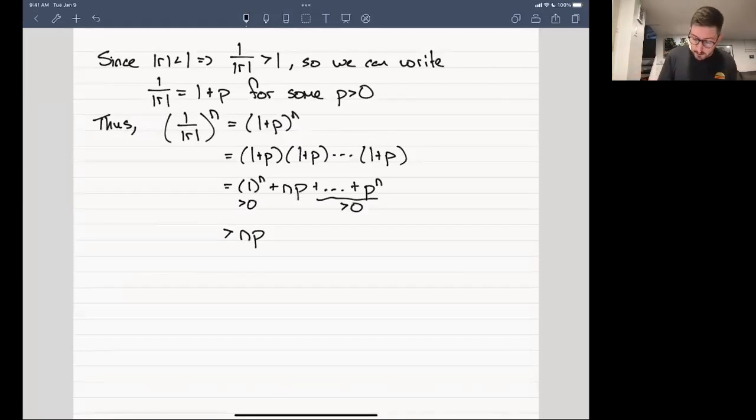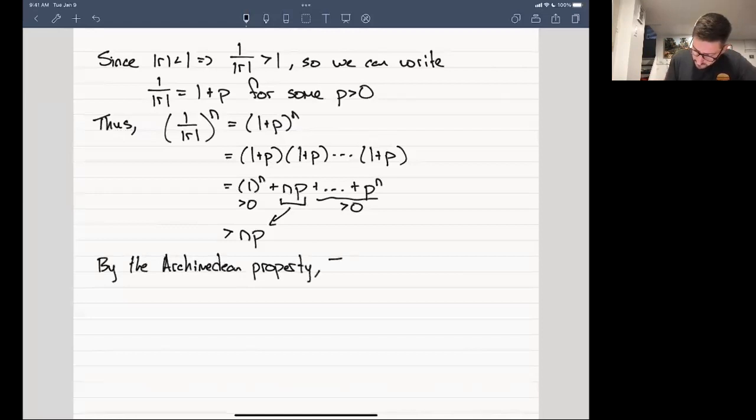So if we just take out, the only thing that we want to keep is that n times p. And why is it that we want to do n times p here? Well, we're going to use the Archimedean principle again to show that this is bigger than 1 over epsilon. So by the Archimedean property, there exists, so this backwards E means there exists, a capital N such that n times p is bigger than 1 over epsilon.